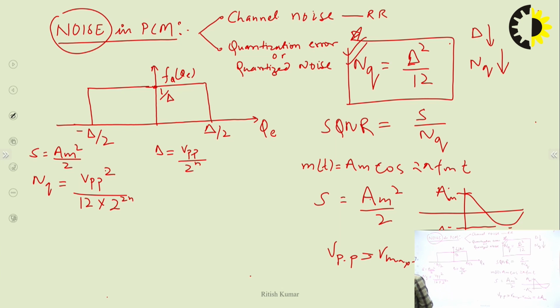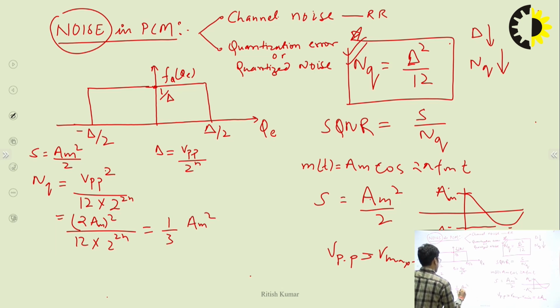So here I am taking V peak to peak as twice Am, squared, divided by 12 cross 2 to the power 2n. So this one is 1 by 3 Am square by 2 to the power 2n. This is the Nq that we have.